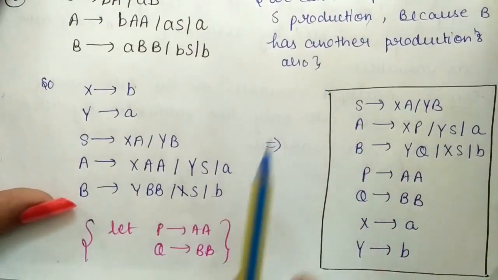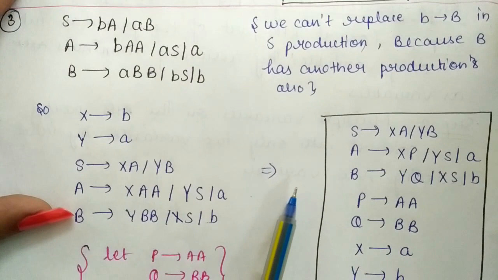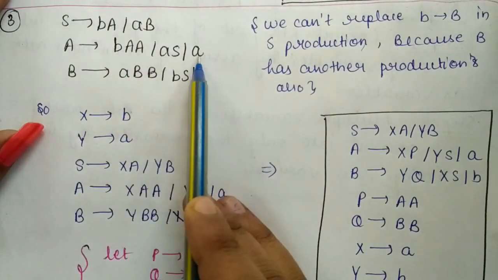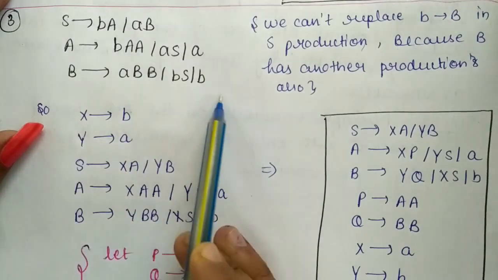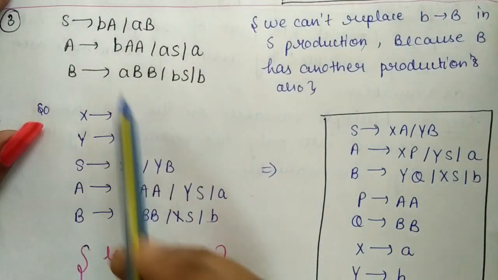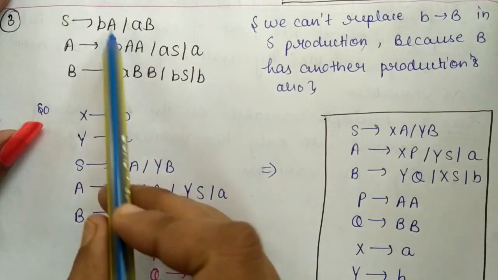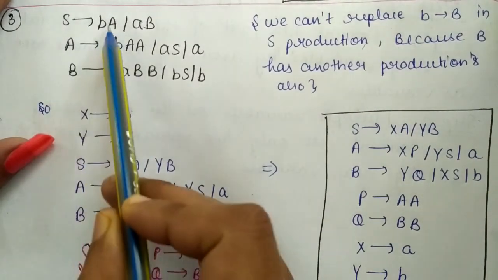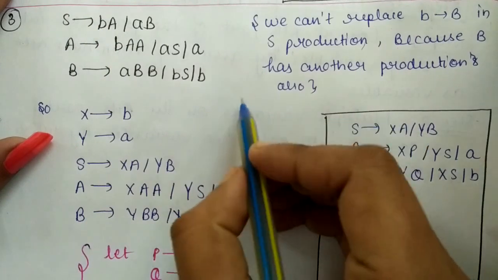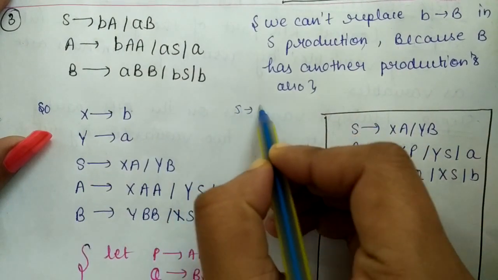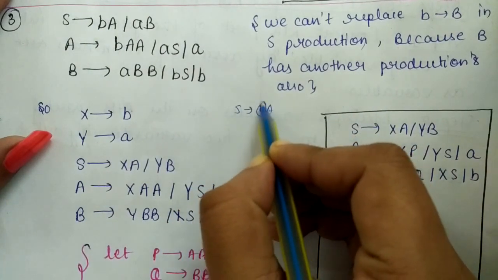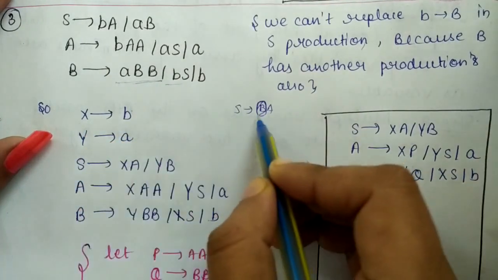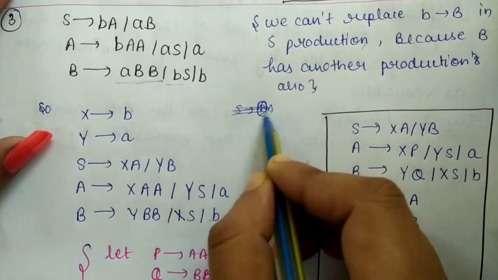Now coming to the next question. A has a terminal a and B has a terminal b, but in this grammar it is not possible to simply replace this B, because B has other productions also: ABB and BS, so you can't write like this.